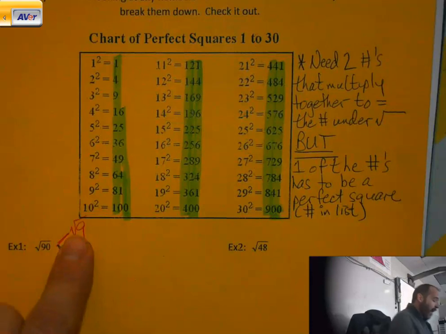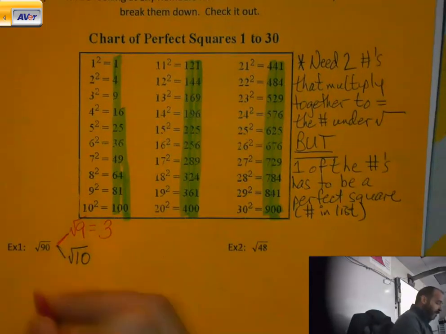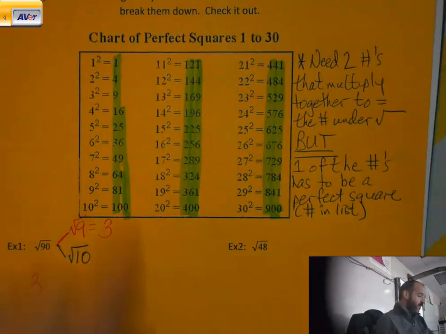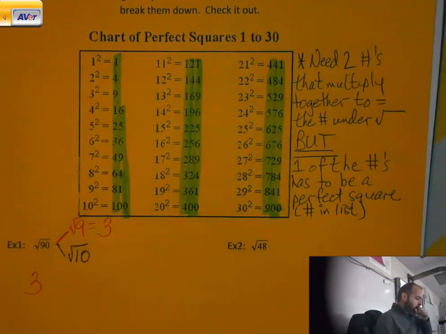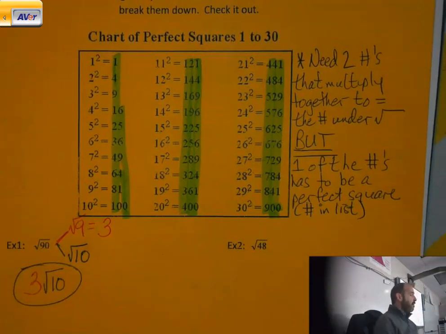The perfect square on good behavior gets out with a new identity. 3. Square root of 9 is 3. However, 10 is still acting irrationally. So 10 has to stay in radical jail. Okay? The perfect square gets out, the non-perfect square stays in. And that's how these work.